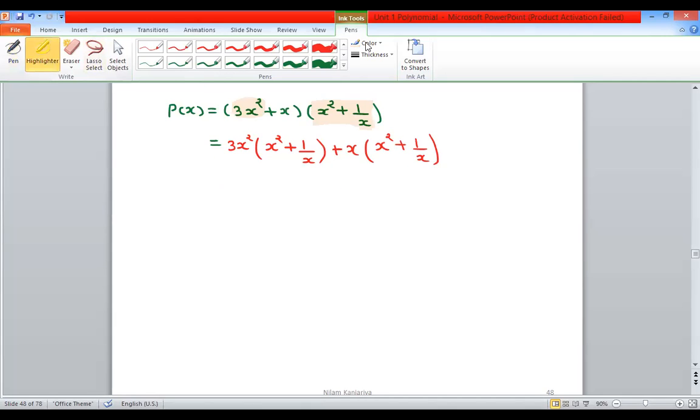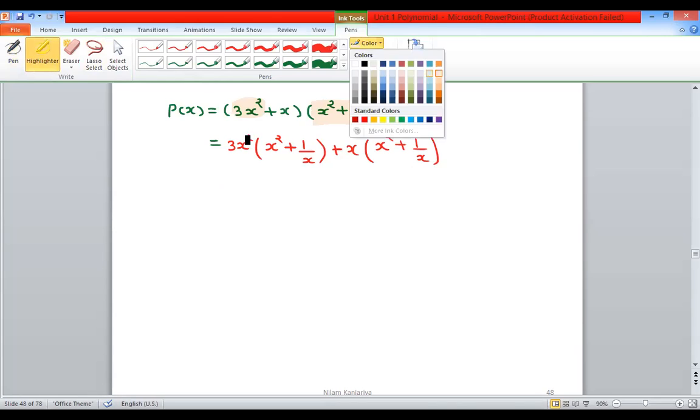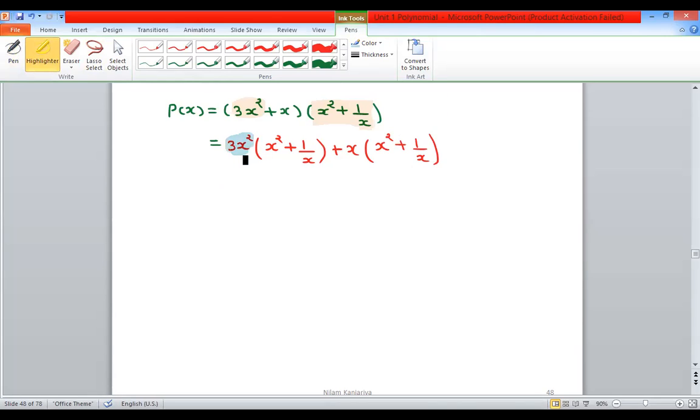Let's multiply this 3x, put in this bracket, and this 3x is multiplied by every term. By the power rule, x square into x square is 3x raised to 4. Plus, this x is in the denominator, so we don't need to write it.